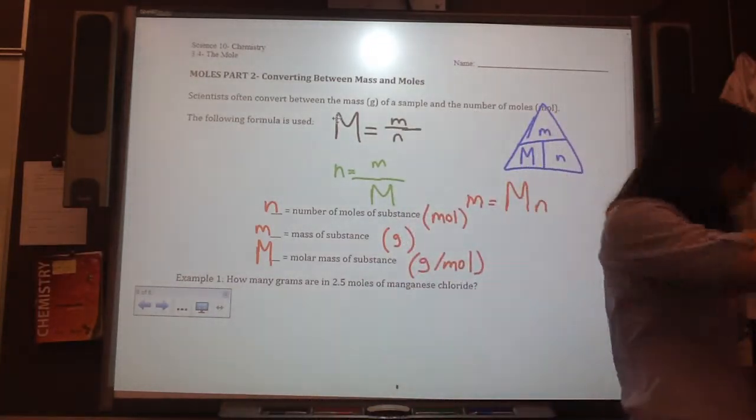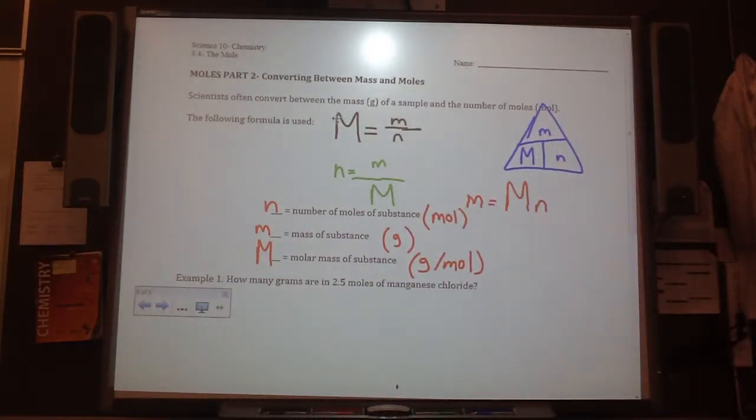Now, in your data booklet, like for physics when you had your data sheets, this formula is in here, I think. Underneath your solubility chart, so actually get out your solubility chart, because then you can highlight where it is.